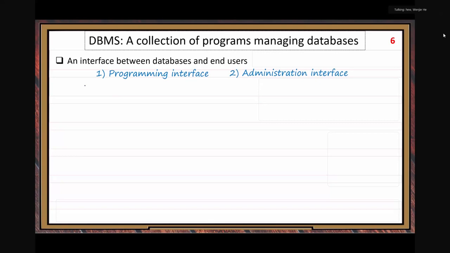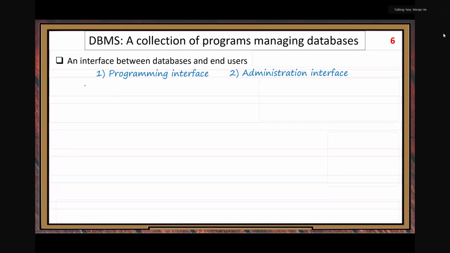Another one is the administration interface, because there is another group also very important in business, not programmers. We do not treat them as programmers, but they work on databases every day. We call them DBA, database administration people.